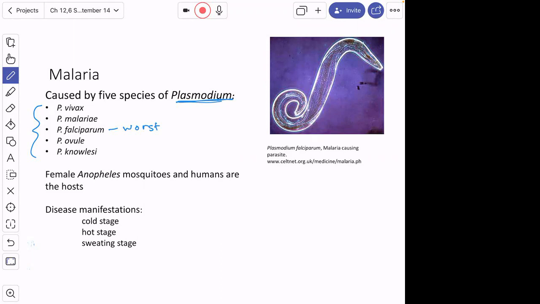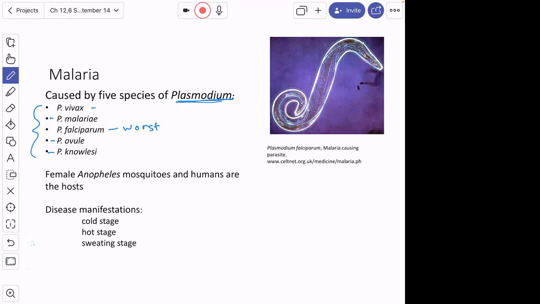And probably the second worst is the vivax, that is mostly present in South America, Latin America, Southeast Asia. Okay, and then the other 3 here, the malariae and the ovale, those are pretty rare. And the Plasmodium knowlesi, that's a species that until very recently we thought only infected apes.